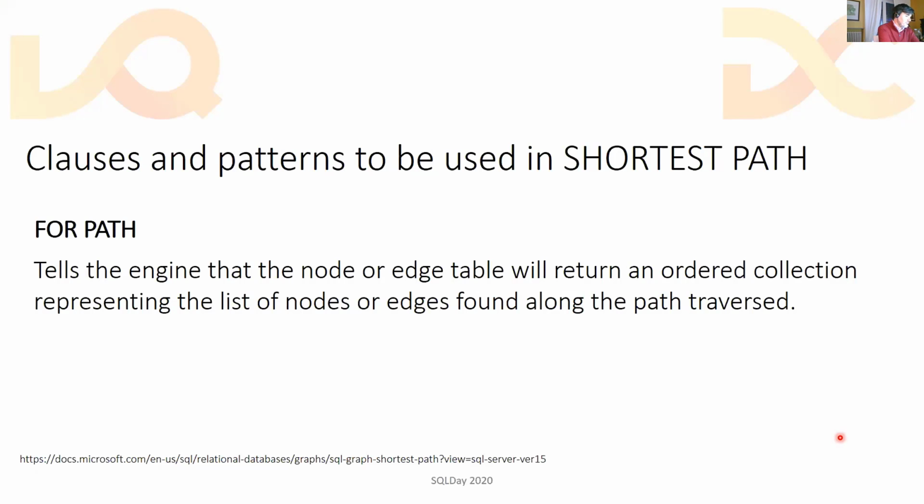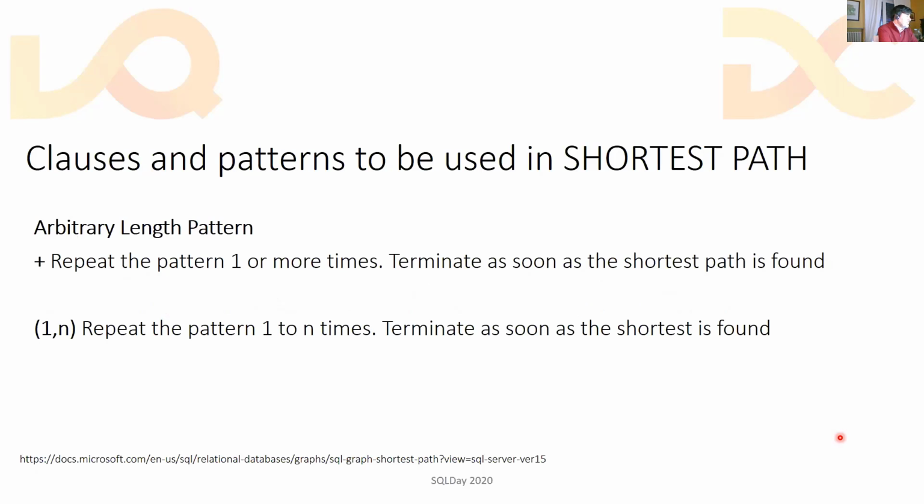I know that if I want to get an output, I have to write down the syntax following the rules, so open the doc online and look how to write your script. There are some new clauses: shortest path, for path, arbitrary length pattern. We will see how they work in our query.